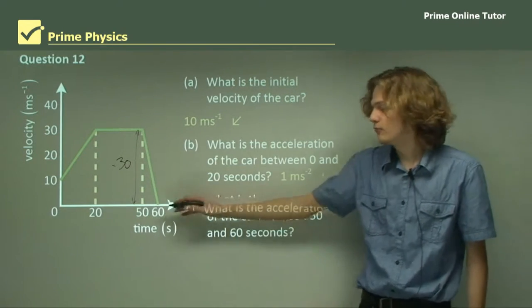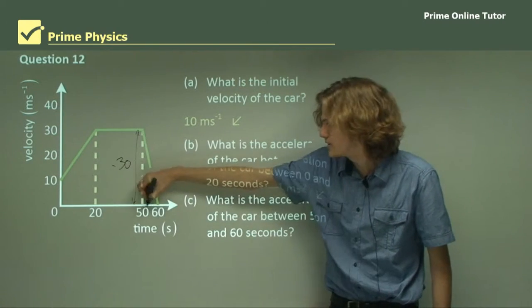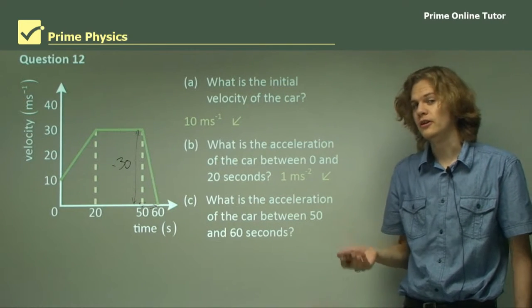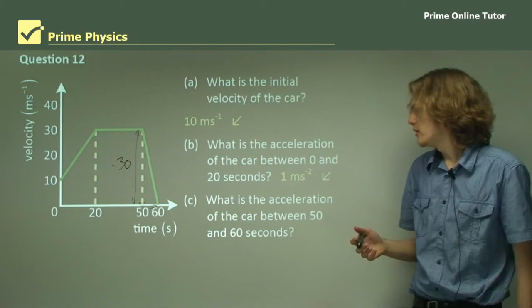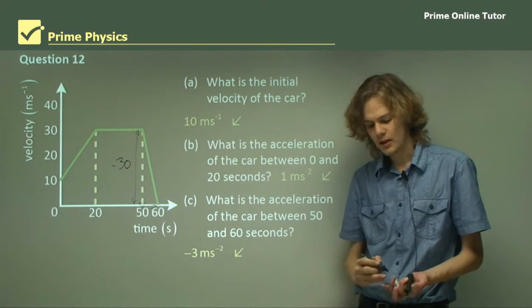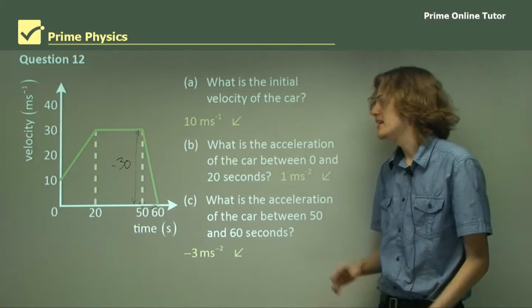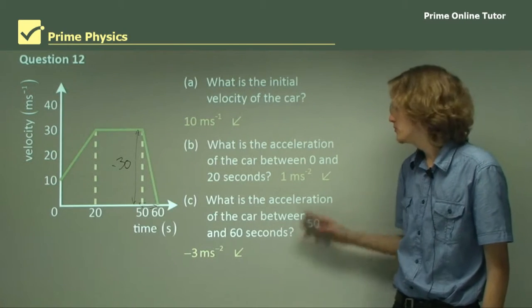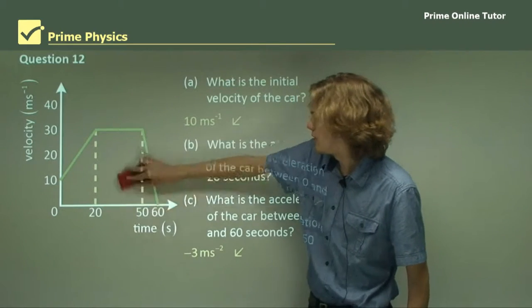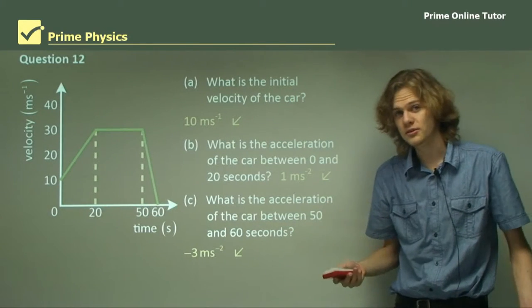And our run from 50 to 60 seconds is, of course, 10 seconds. So dividing the rise, minus 30, by the run, 10, we end up with an acceleration of minus 3 meters per second squared. Because there's a minus, we assume that the direction is the opposite to all the positive directions we've been working with so far.